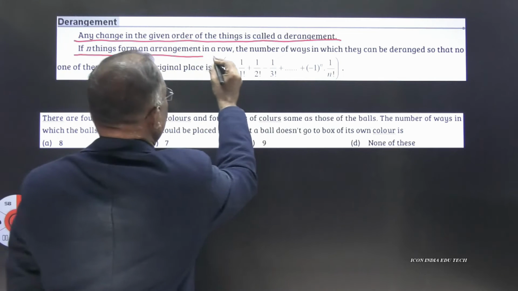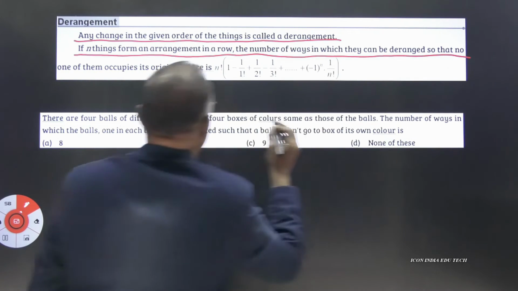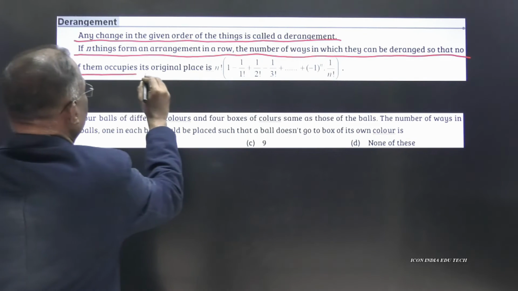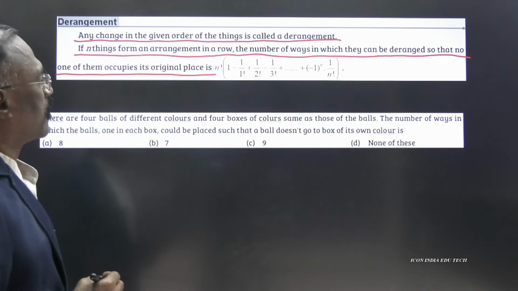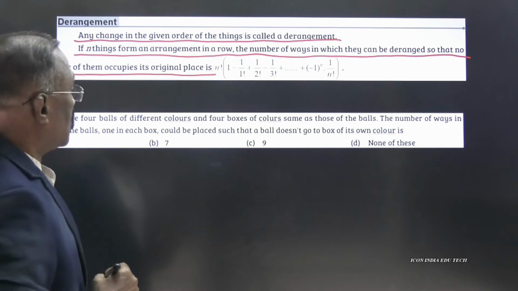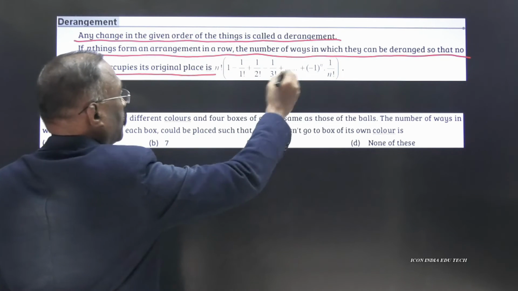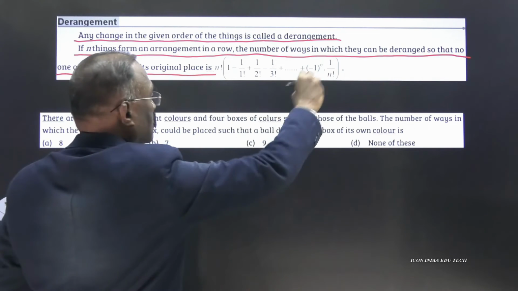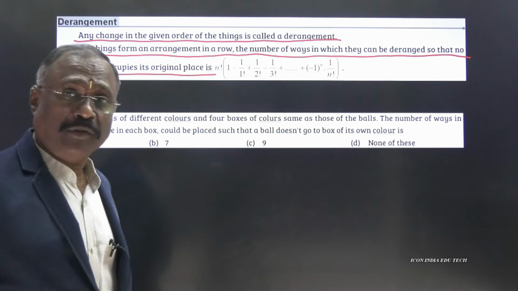If n things form an arrangement in a row, the number of ways in which they can be deranged so that no one of them occupies its original place is n factorial into 1 minus 1 by 1 factorial plus 1 upon 2 factorial minus 1 upon 3 factorial plus and so on plus minus 1 whole power n into 1 by n factorial.